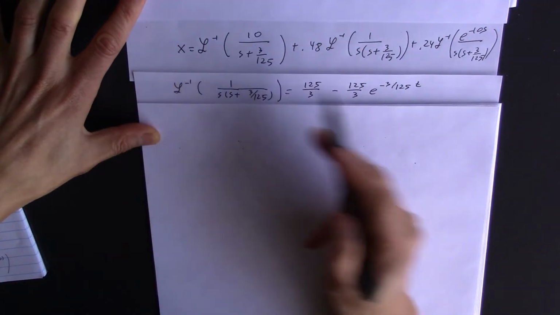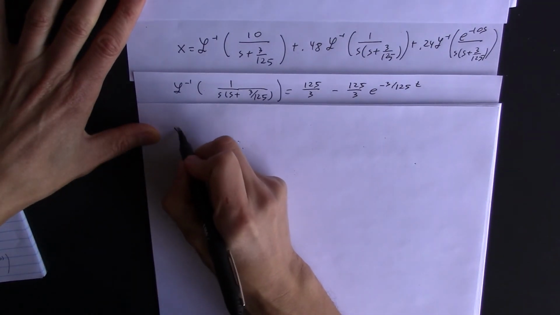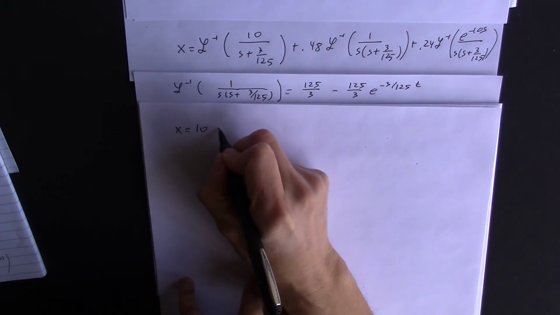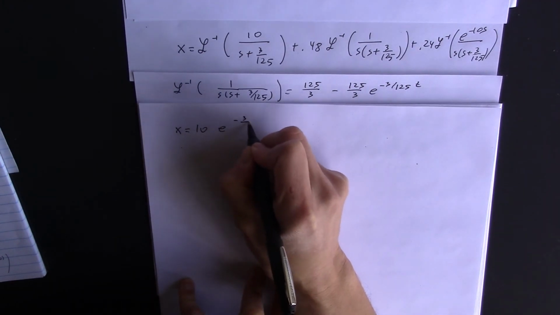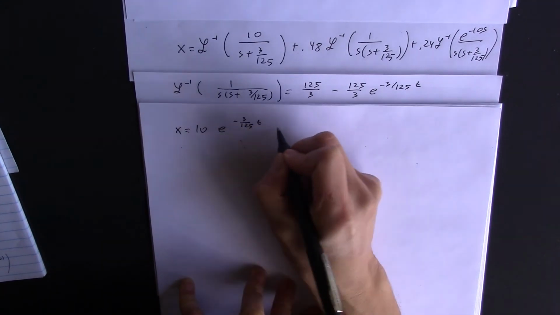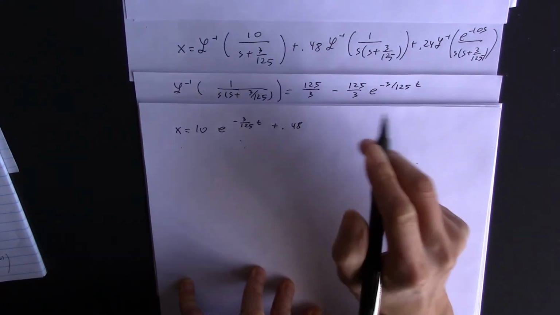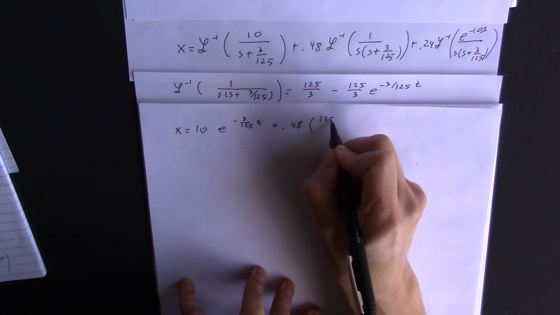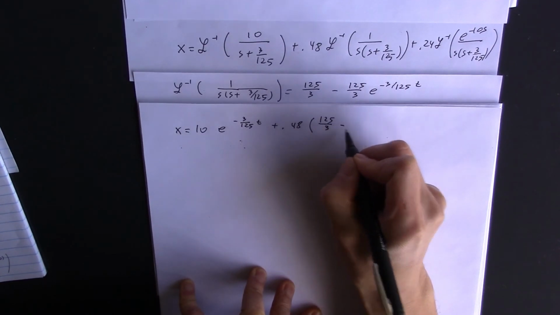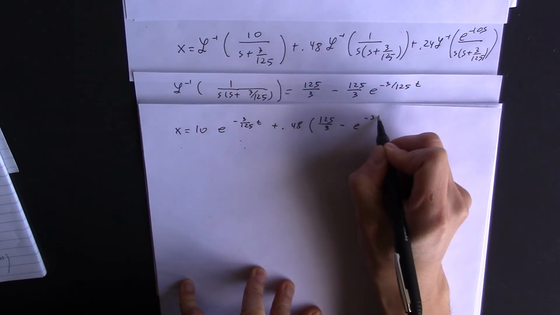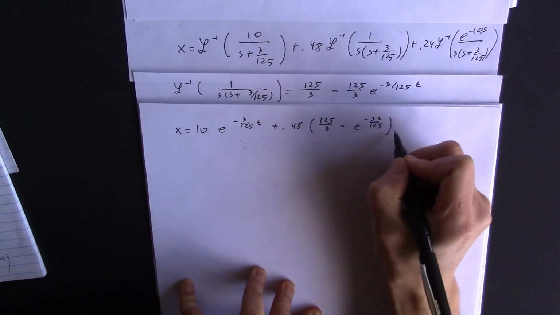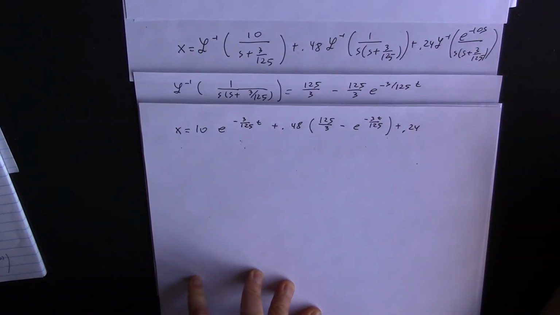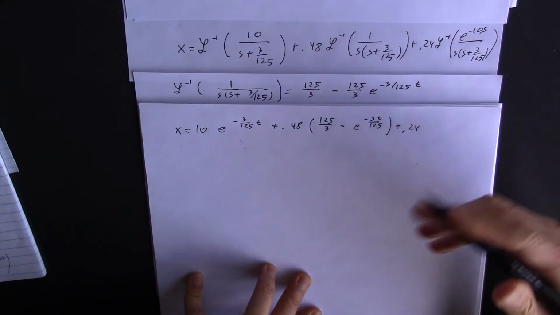And you recall what x equals. So Laplace inverse of the first expression should not be too difficult to find: 10 times e^(-3/125 t), plus 0.48 times the Laplace inverse of that expression we just found, 125 over 3 minus 125 over 3 e^(-3t/125), plus 0.24. That is essentially the shift by t minus 10, a shift in t.